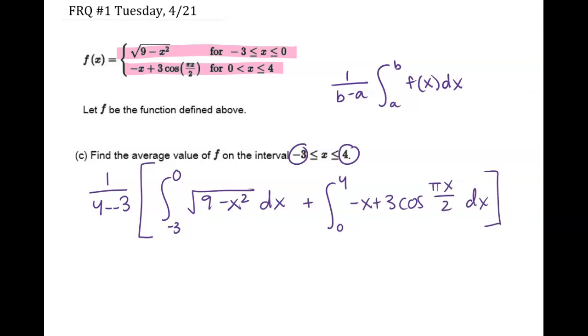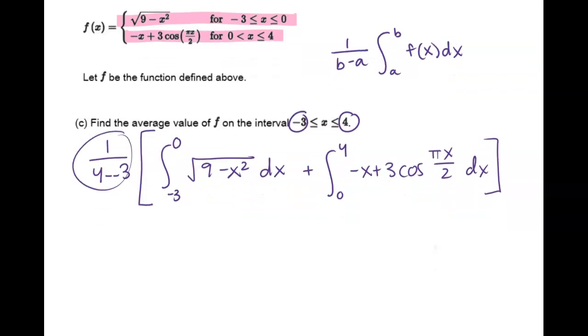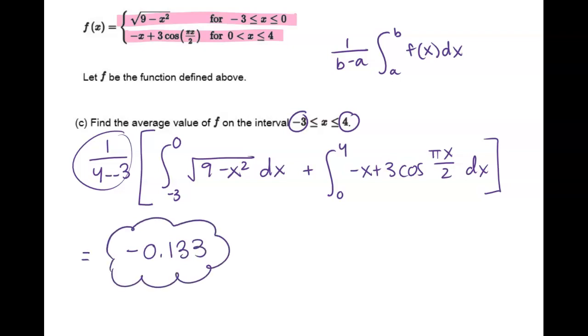So we end up with 1/7 times those integrals, and we get negative 0.133. Use your calculator on this. For the second integral, you could do that yourself. The first integral is a BC topic, so right now you can't.